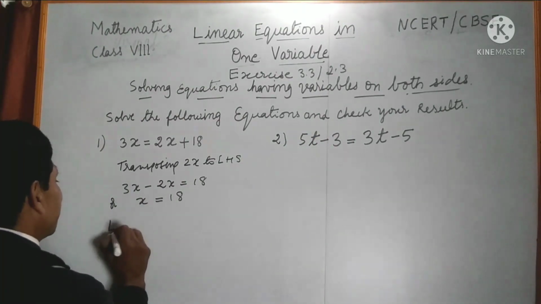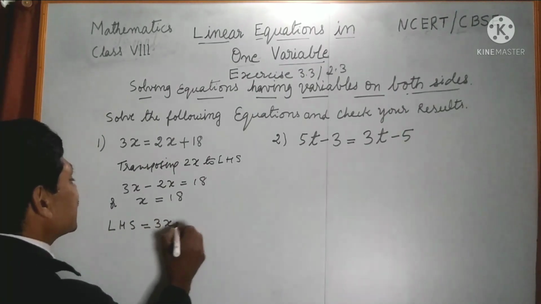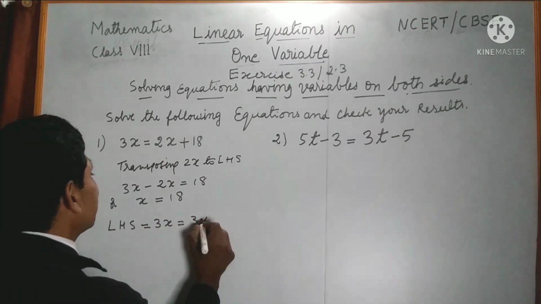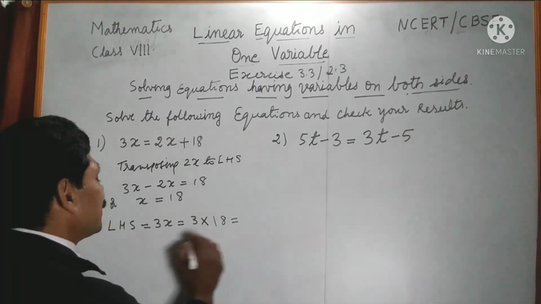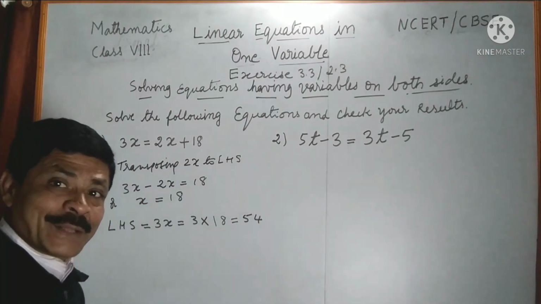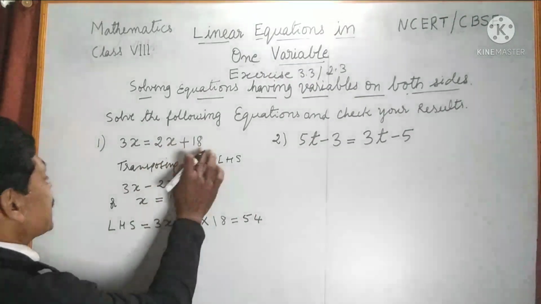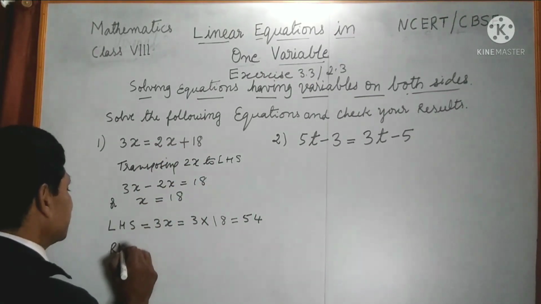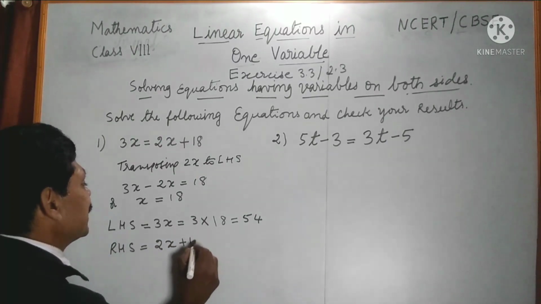Here, take left hand side is equal to 3x, which is 3 into x, which is 18, is equal to 54. Now, let us see the result at right hand side. RHS is equal to 2x plus 18.